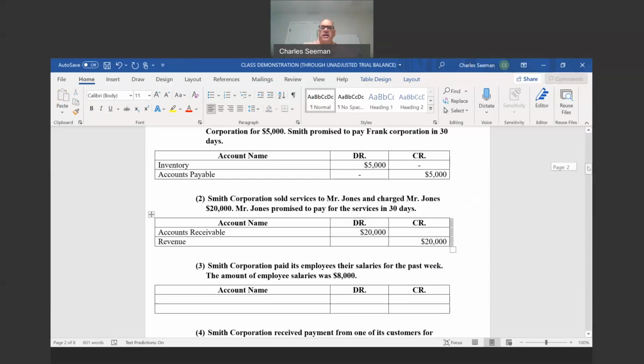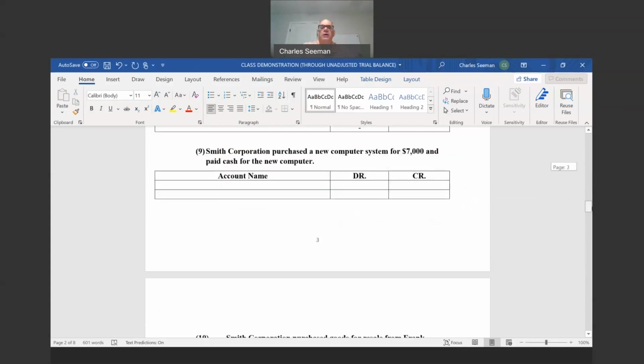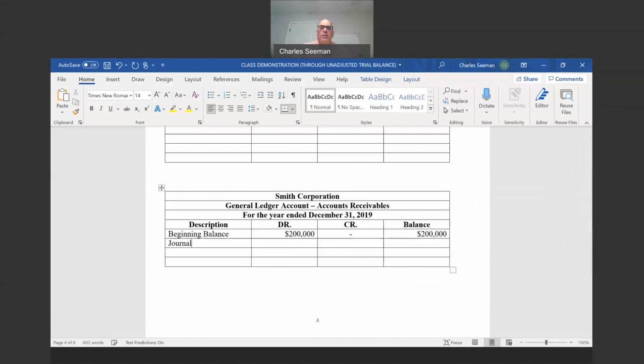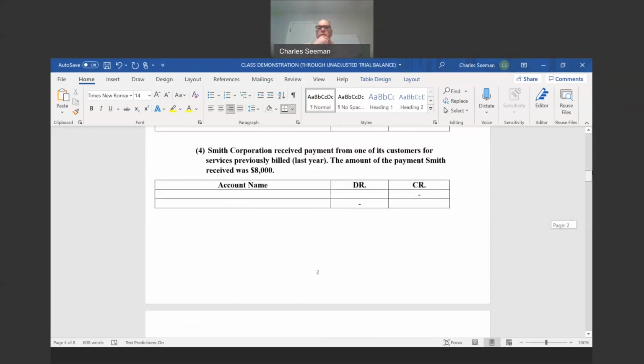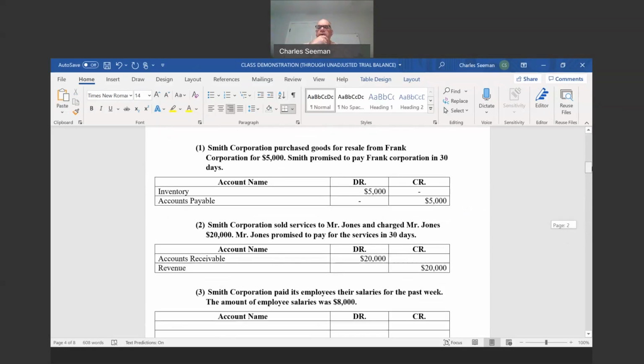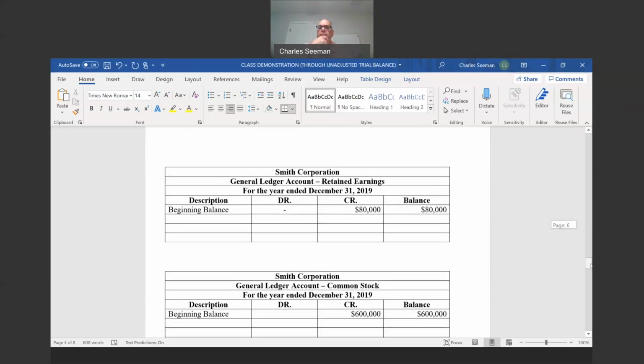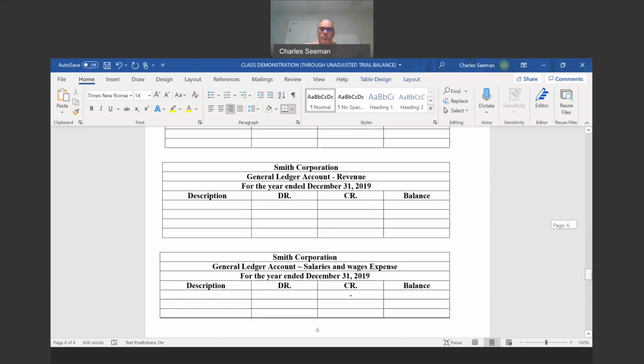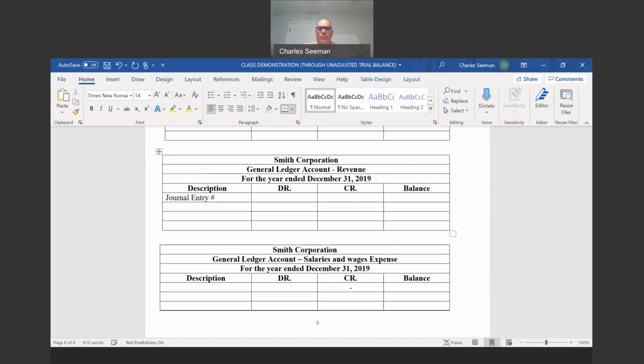So to the general ledger accounts. And post just like the same information that was in the journal. And I go to the revenue account. It was on the right side of the accounting equation and it increased.